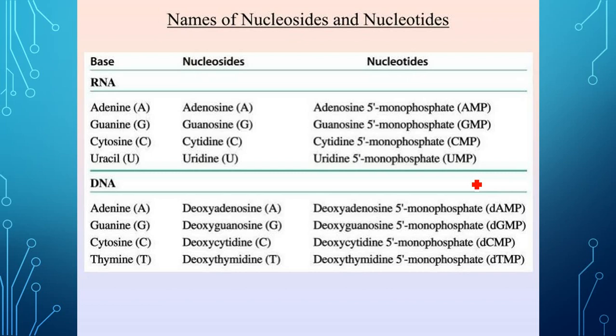In case of DNA, it contains 4 types of nitrogen bases, hence 4 nucleosides and 4 nucleotides are present. When the nitrogen base combines with pentose sugar, 4 types of nitrogen bases are there. When adenine combines with pentose sugar, it is called deoxyadenosine.